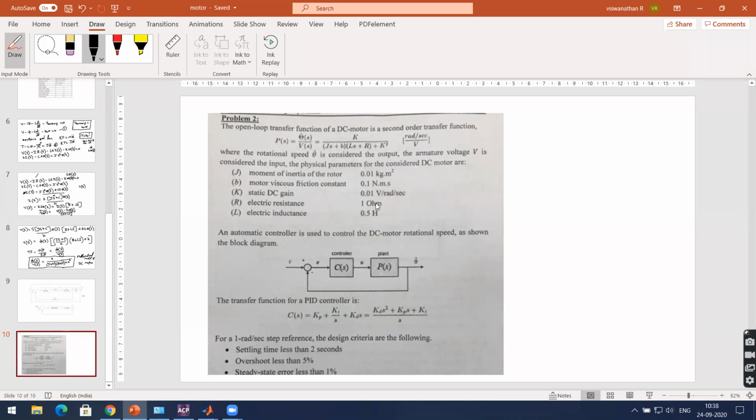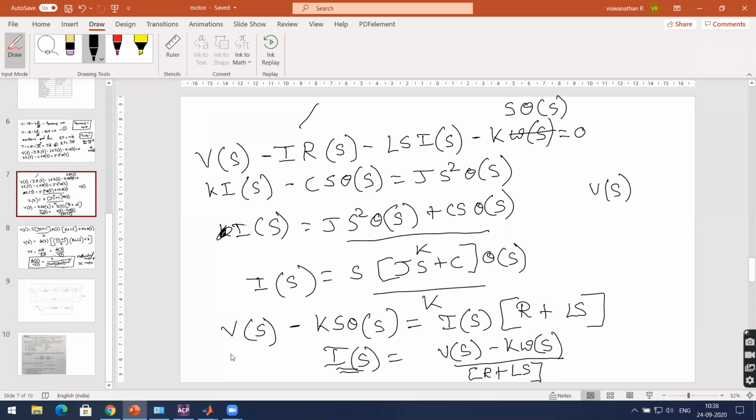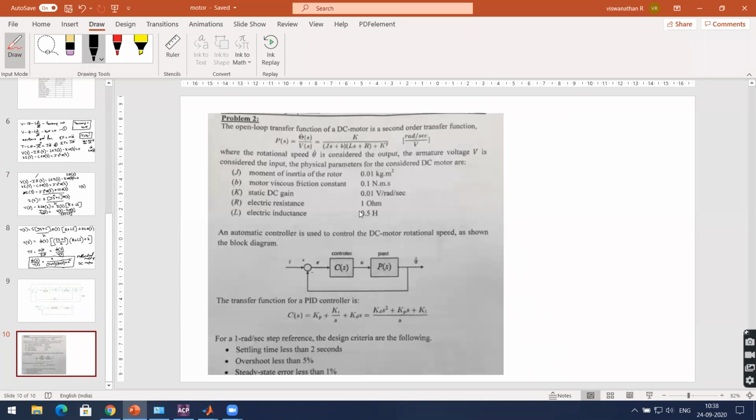The resistance value and the inductance value are given here. So 1 divided by R plus Ls. What will be the transfer function? 1 divided by 1 plus, what will it be? 0.5s. Correct?